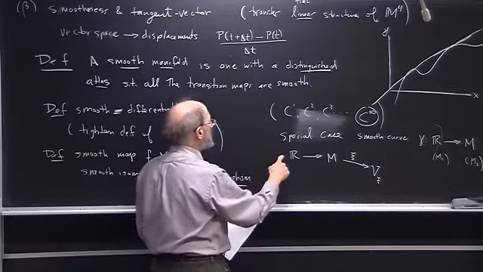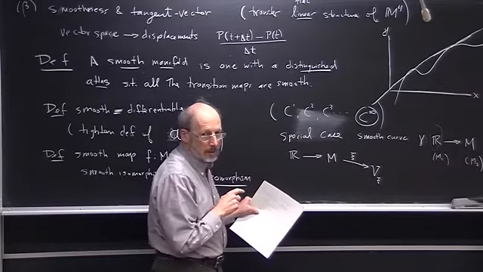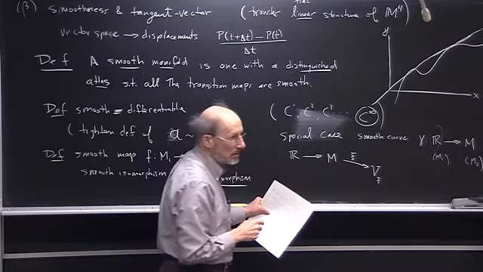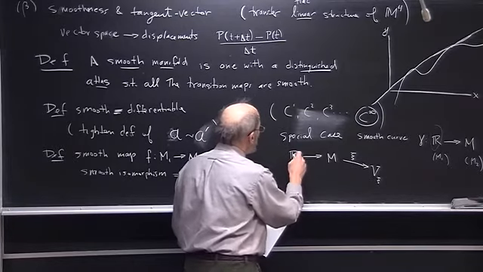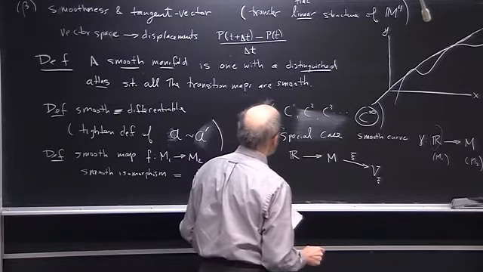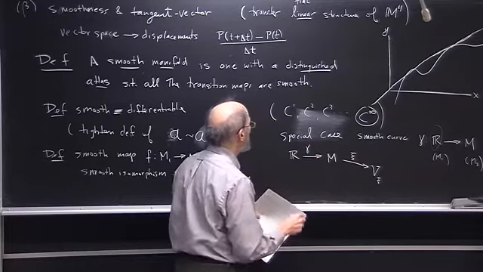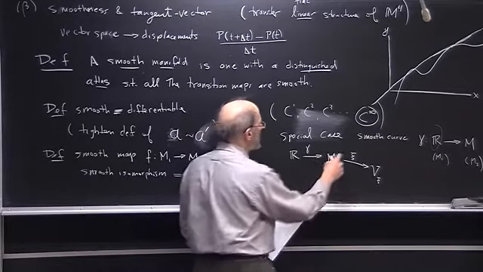That picture up there would suggest that we put a chart here, but we don't need to because, as I think I remarked last time, every vector space is its own chart. It just has a trivial chart, the identity map of it into itself. So what we're saying in this case is that the composition of this curve, this map gamma, with this chart map C, should be smooth.